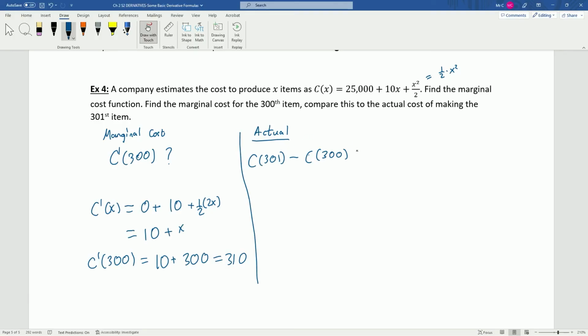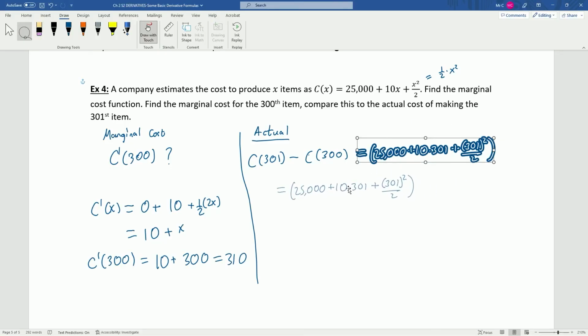Now let's look at the actual cost. So for this, we get 25,000 plus 10 times 301 plus 301 squared over 2. Actually, let's move that here, give myself a little more room.